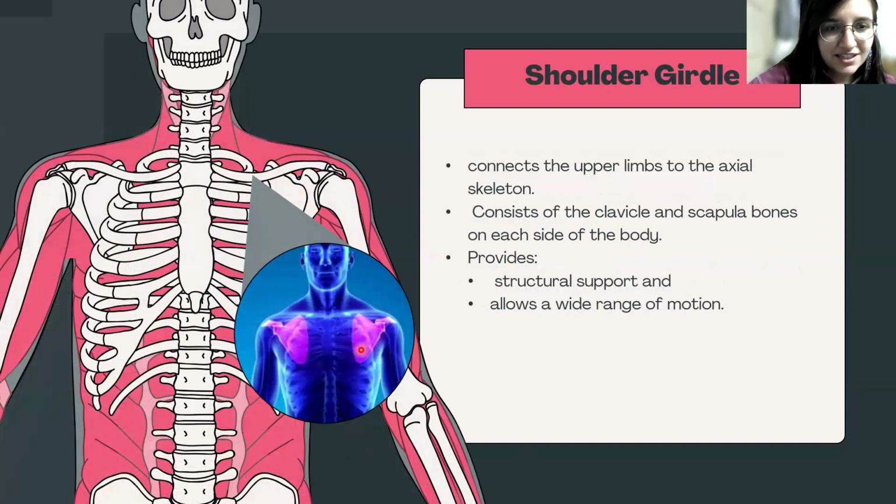So it consists of this whole region here, this and this. And again, the function of this is that it provides us with structural support. There's a reason you can move your arms and sit straight. It's because of this shoulder girdle. It keeps you in place.